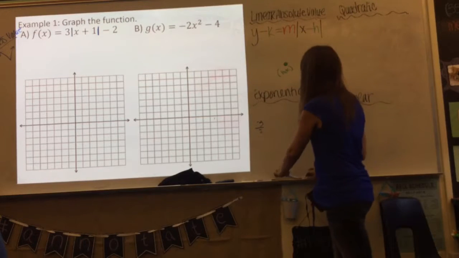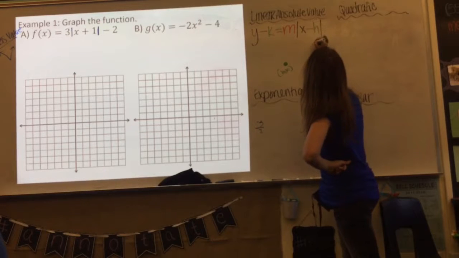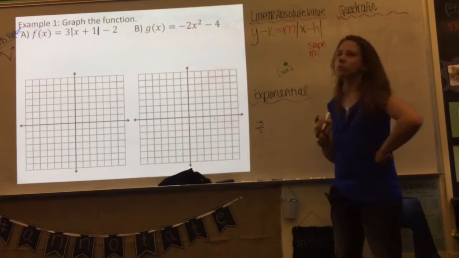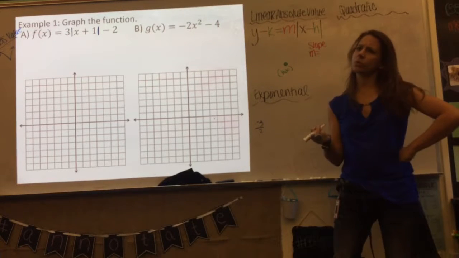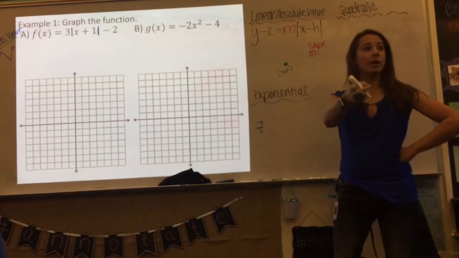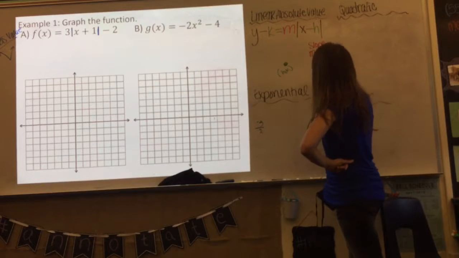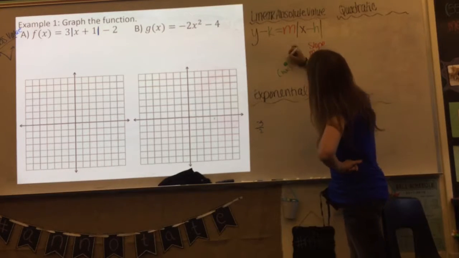And then we use slope, right? So I'm going to write that down. Slope. M equals, what do we say? How do we use slope? Rise over run. So once you get to that point, you're going to rise, and then you're going to run.